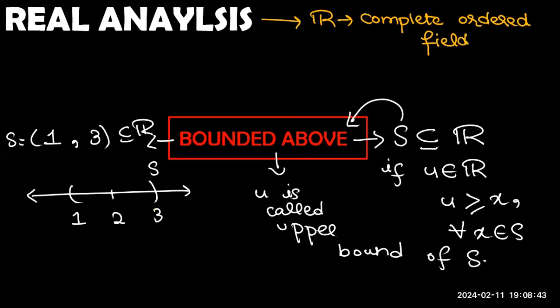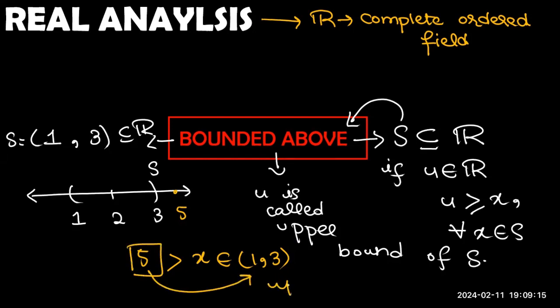Now you can see that if I take any number here, let's say 5, then 5 is greater than every x in this interval. So this 5 is an upper bound of this set. If I find an upper bound of any subset of real numbers, then this set is called bounded above.